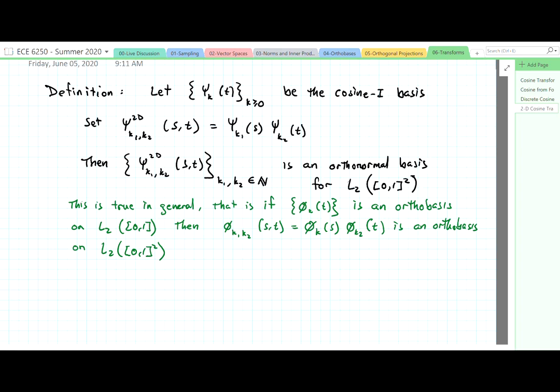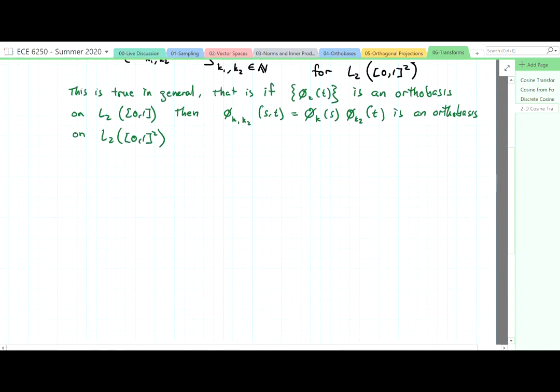Okay, so how do we show that? What do we do? Let me outline the general proof, and you can finish this up in the homework. But first, let's illustrate what's going on. I'm going to use a different color.